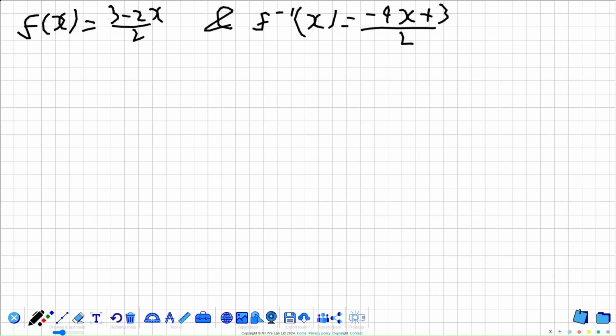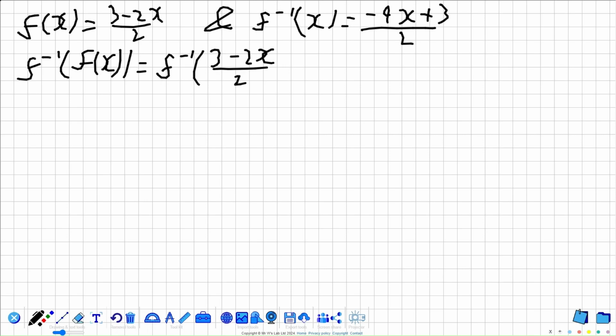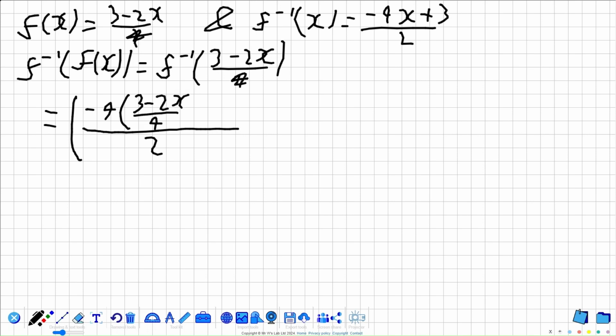So we'll start with f inverse of f of x, which equals f inverse of (3 minus 2x) over 4, that was 4, wasn't it? So we can say that over 4, which then equals, and this is where it gets a little bit tricky, negative 4 times (3 minus 2x) over 4, plus 3.